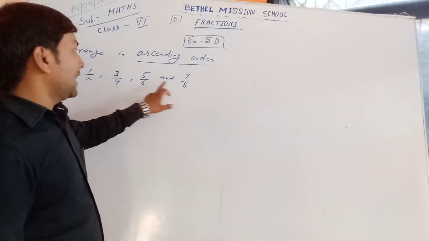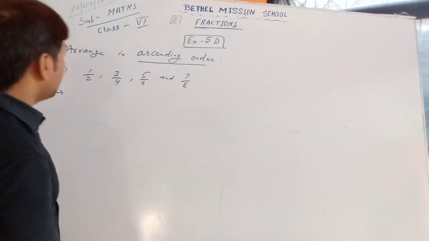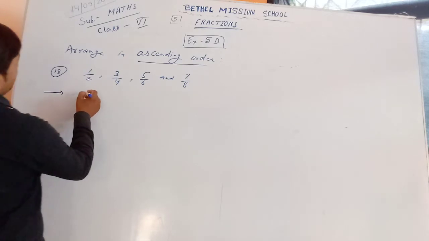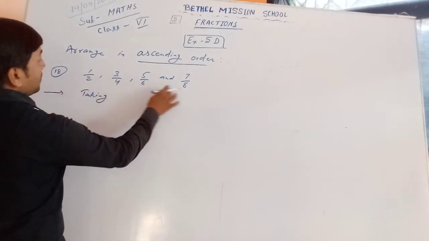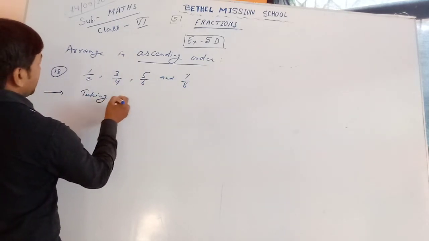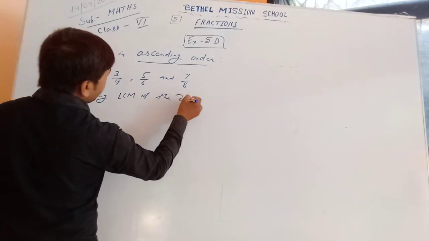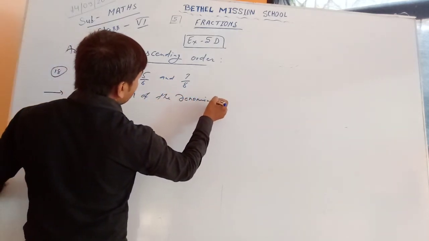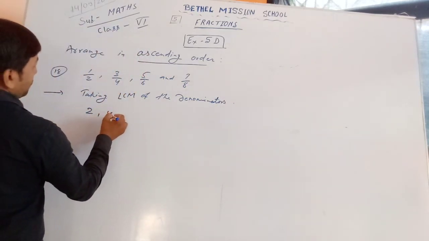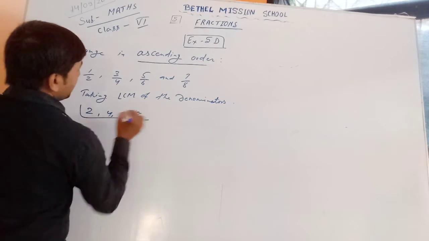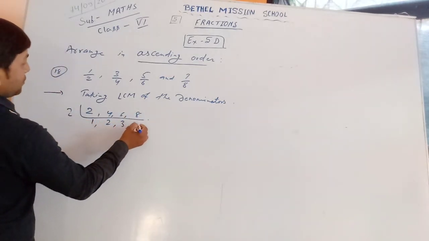All are unlike, so first convert them into like fractions. The first step is taking the LCM of the denominators 2, 4, 6 and 8. Divide by 2: 1, 2, 3, 4.